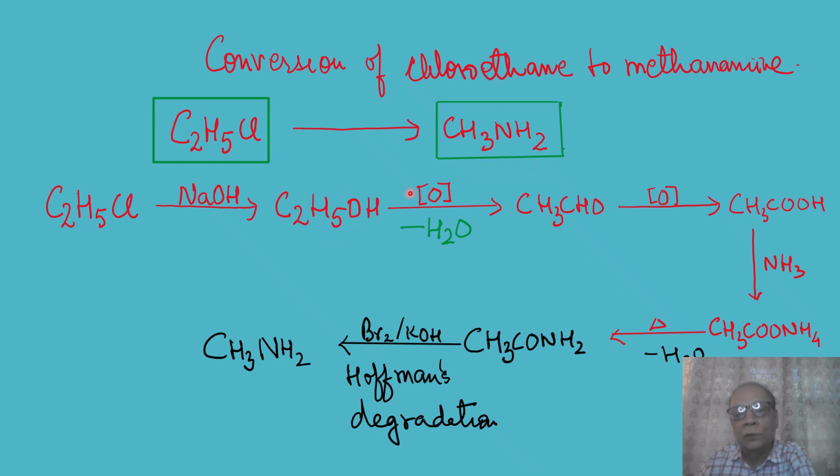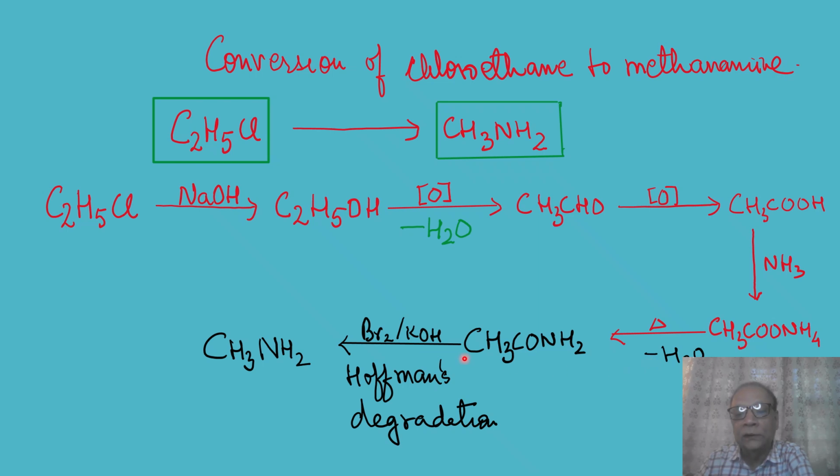We oxidize this alcohol to get the aldehyde, which is ethanal, and ethanal is oxidized to ethanoic acid, which is then reacted with or heated with NH3, and we get ammonium ethanoate or ammonium acetate, which is heated, and it results in a loss of one H2O molecule.